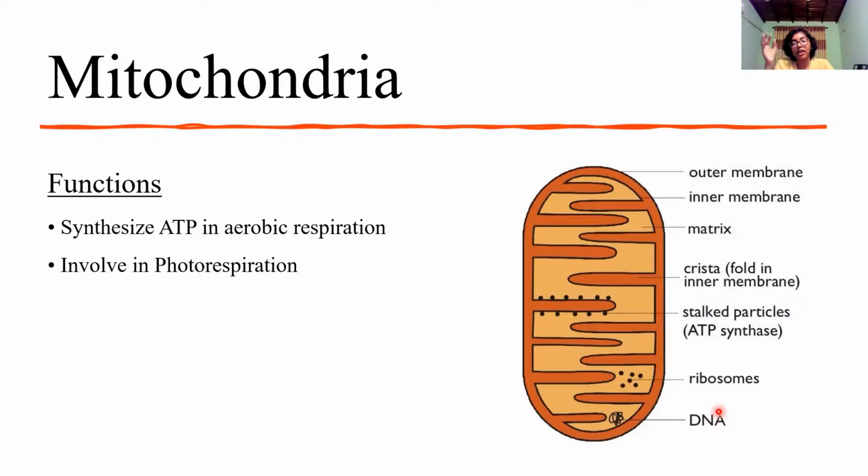The mitochondrial DNA is circular, but the DNA we find in the nucleus is a double helix. They have two strands that are intertwined, forming this double helix shape. So that is the difference between mitochondrial and nuclear DNA. Keep that in mind as well.